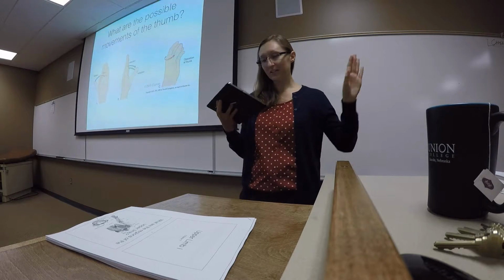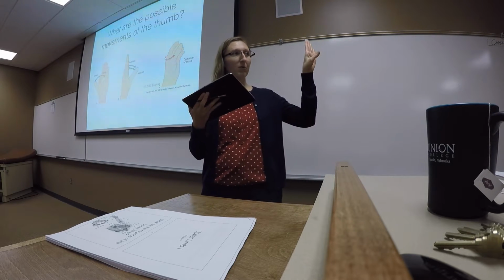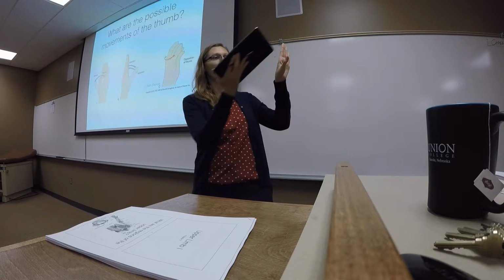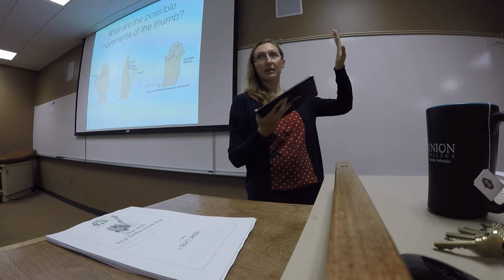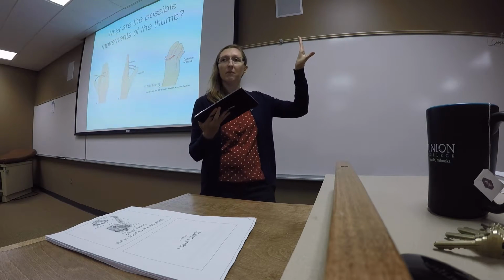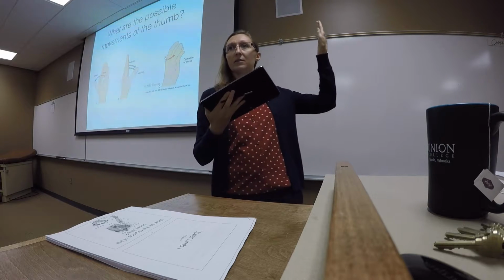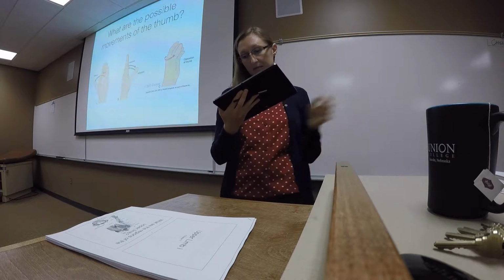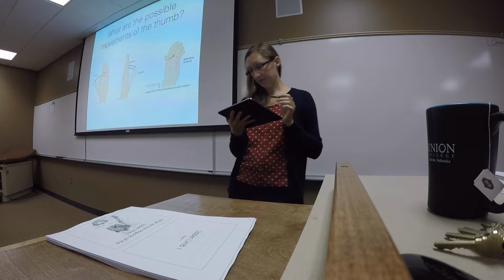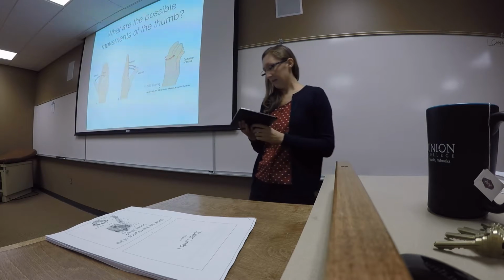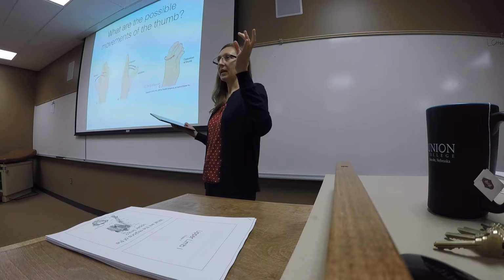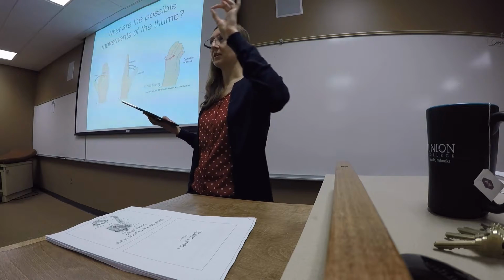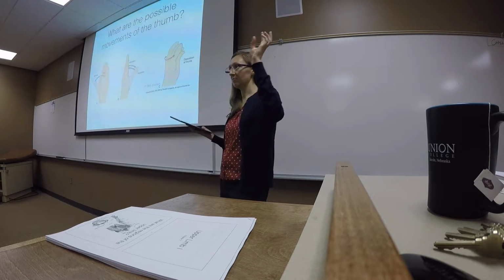Abduction and adduction. So abduction would be moving away from the plane of the hand. So the plane of the hand is this plane here. Abduction moving away from it. Adduction moving it back into the plane of the hand. And then finally, opposition of the thumb is a combination movement where we reach and touch the tip of a finger. So it can be any one of the fingers.